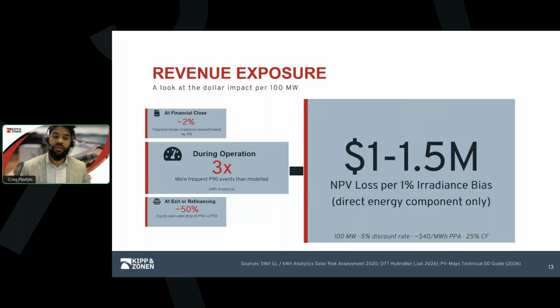million in annual revenue. Now, assuming a one-to-one impact and we take a 1% irradiance bias, that would reduce annual revenue by $87,500. And if we take that loss and we discount it over 25 years at a discount rate of 5%, then the net present value of that direct energy loss is approximately $1.2 million.